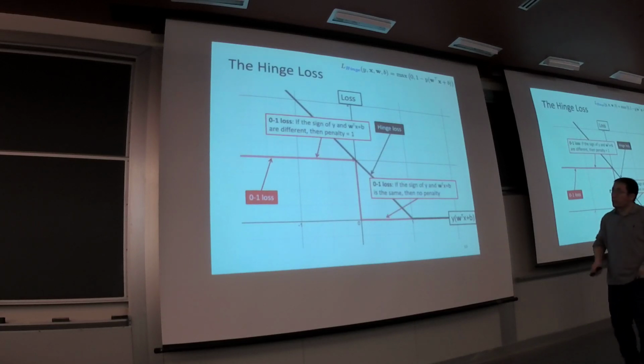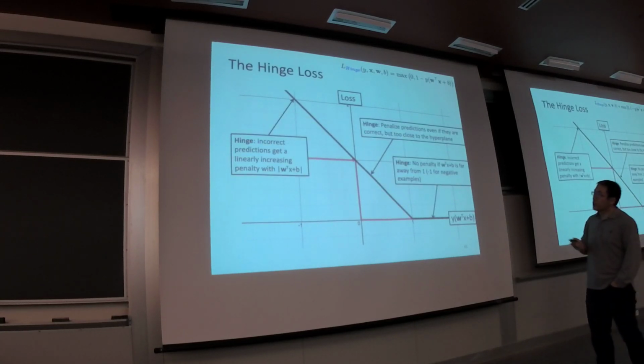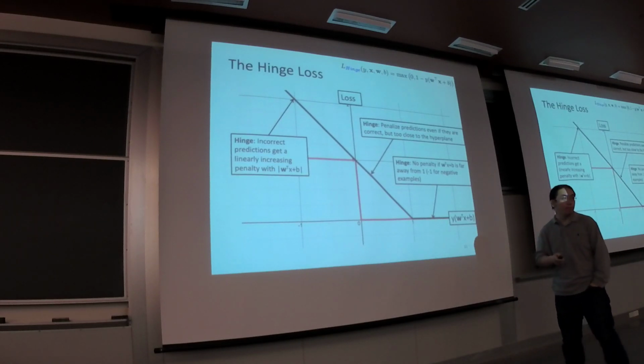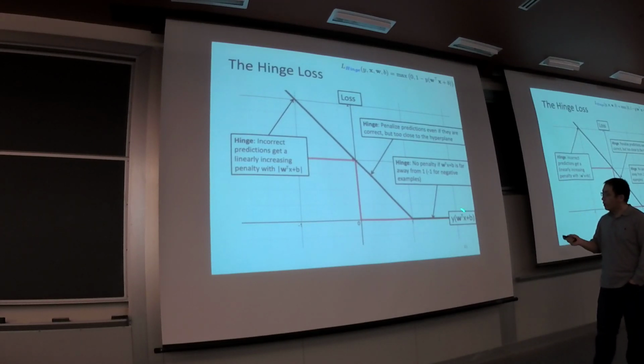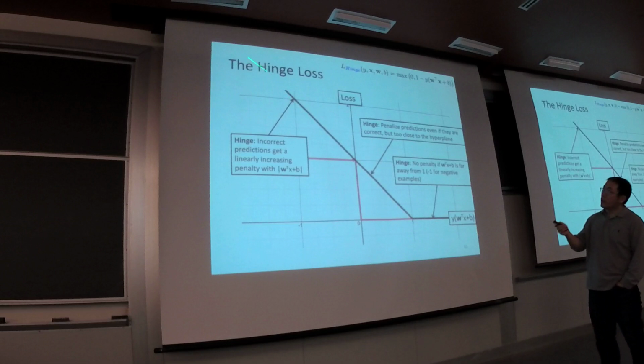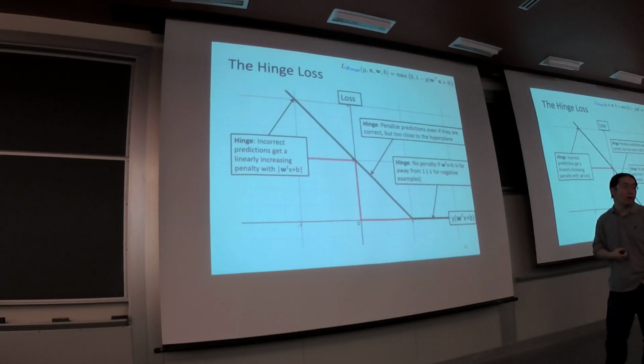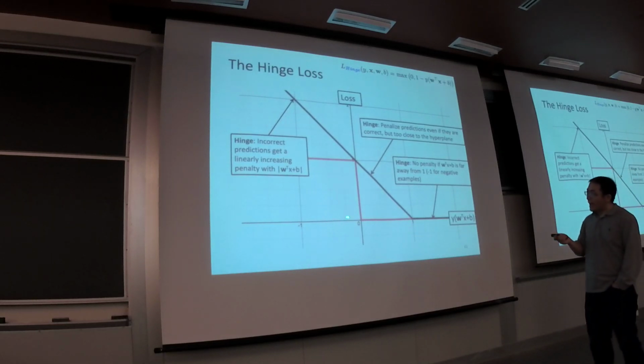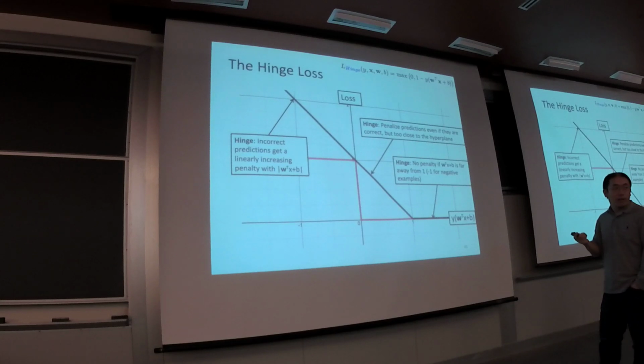So now, we can see first, this is the wrong loss. If you make a wrong prediction, that means your function margin is less than 0, right? It's on the left-hand side. Then you have a quite large penalty, right? An interesting thing is that when the absolute value of your function margin is getting larger, that means your function margin goes along this way, right? And then your penalty, your hinge loss becomes larger and larger.